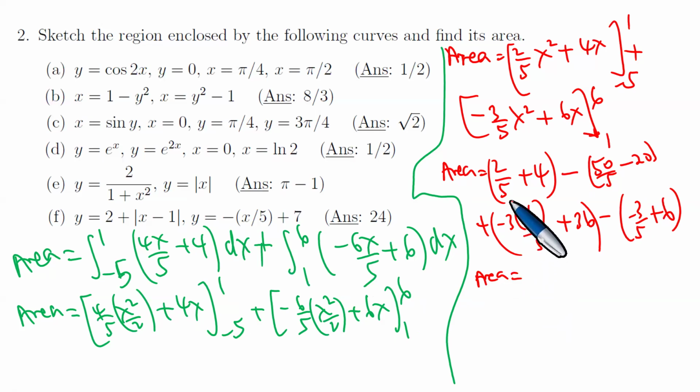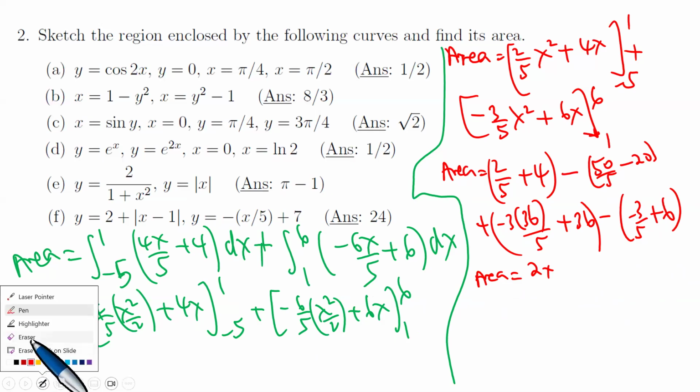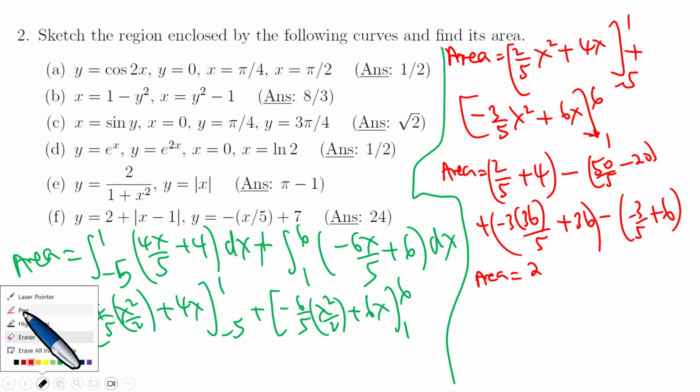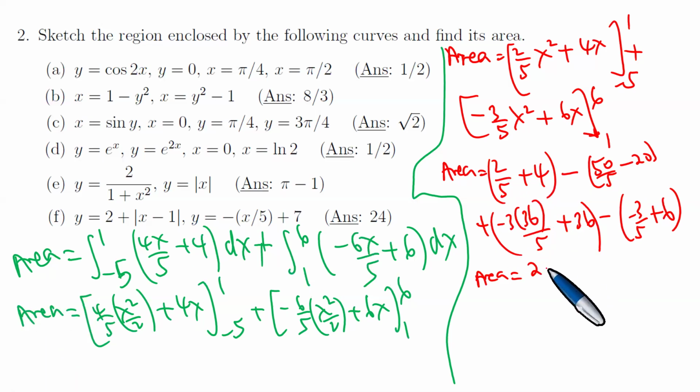So this one is going to be out of 5, out of 5, out of 5, out of 5. How many of these? There's going to be 2 out of 5. Let's watch the signs, I think. There's going to be a 2 out of 5, then a minus 50.